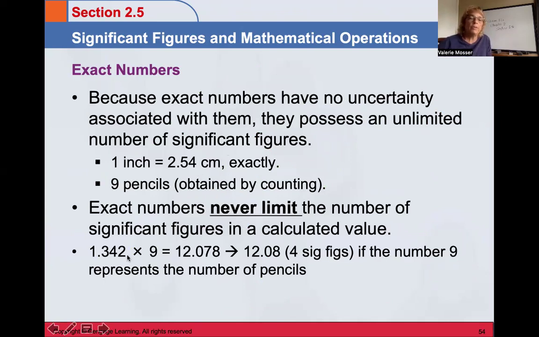So if you have a measured value like 1.342 times 9 pencils, and you get this number out of your calculator, the answer would actually have the 4 sig figs from the measured value, not the 1 sig fig from the exact value. So exact values don't limit the number of sig figs. Only measured values have sig figs associated with them.